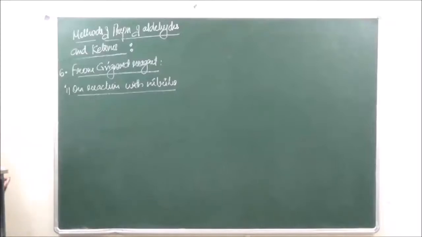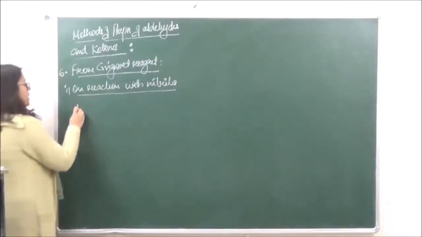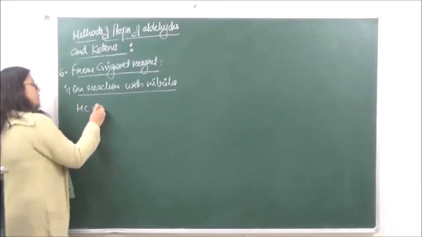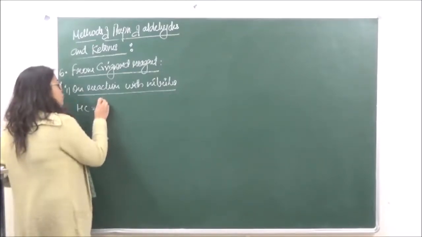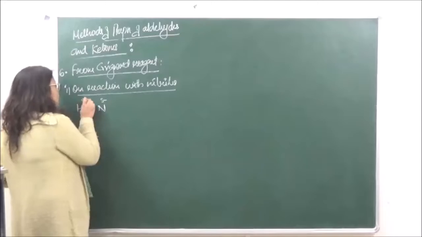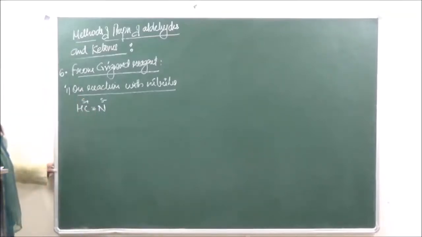Nitriles is the cyano compound. So we have over here HC triple bond N. This is going to be a nitrile. Now over here the nitrogen is going to get a slight negative charge and carbon is going to get a slight positive charge because nitrogen is more electronegative than carbon.